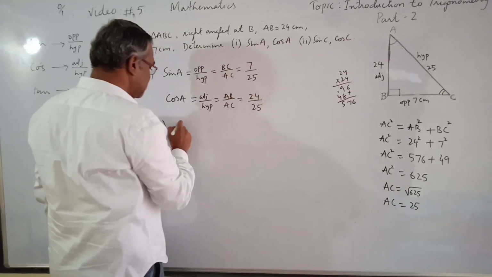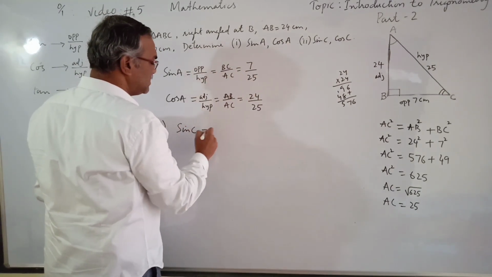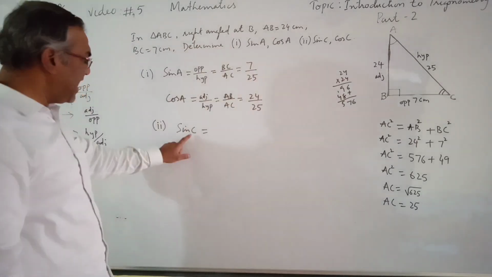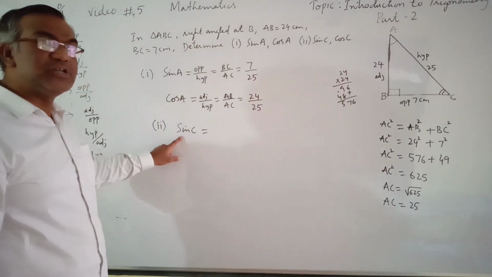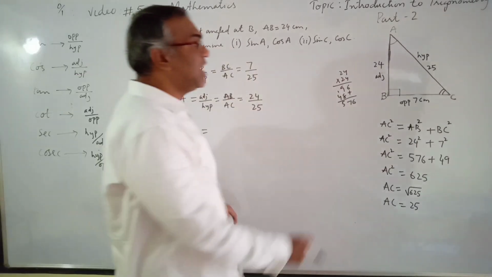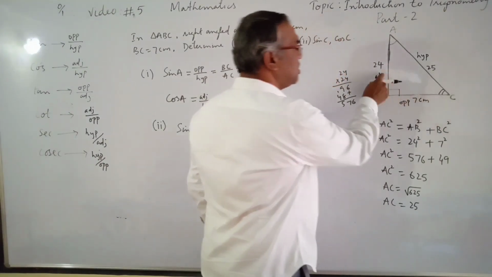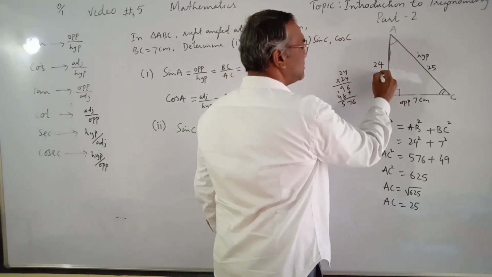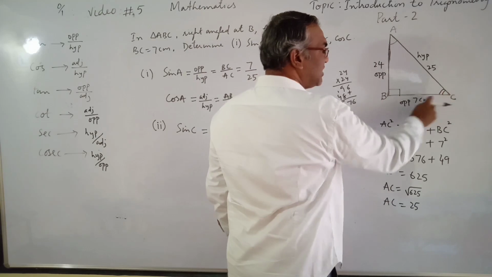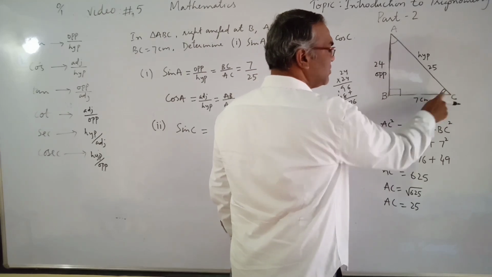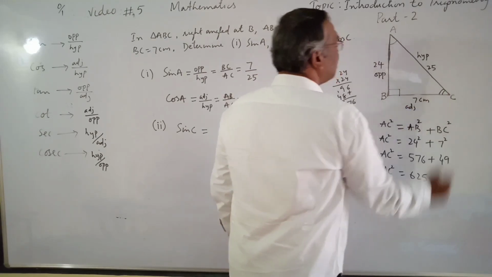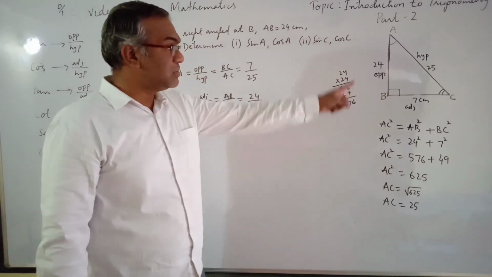Here, sine C. This time we have angle C with the trigonometric ratio. So the side which is opposite to C will become opposite, and the side which is adjacent to C will become adjacent. This is important.